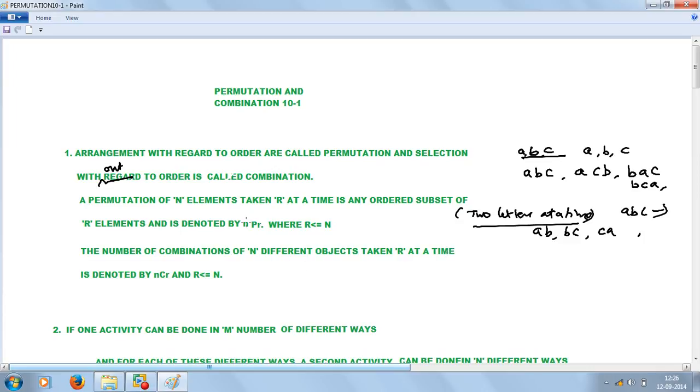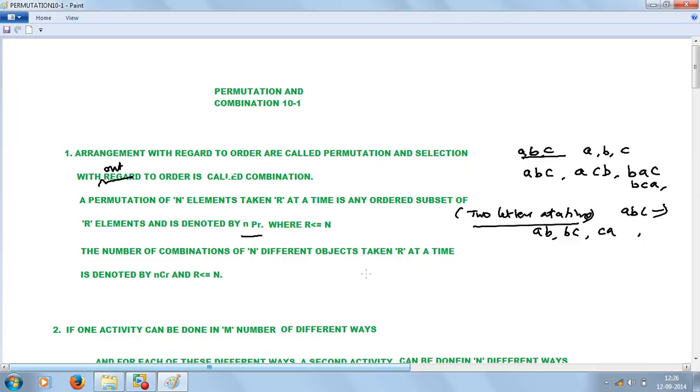You have to read it like this: permutation of n elements taken r at a time. Similarly, the combination you write as nCr, combination of n elements taken r at a time. Sometimes you take all.